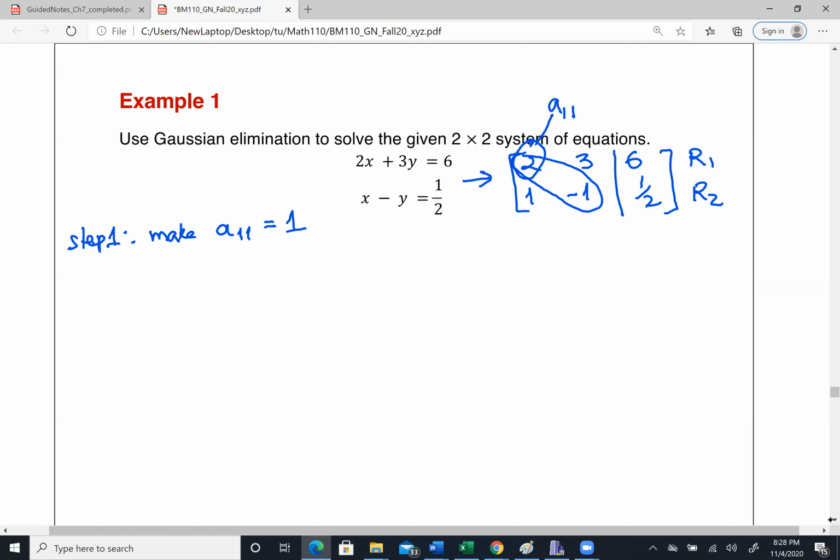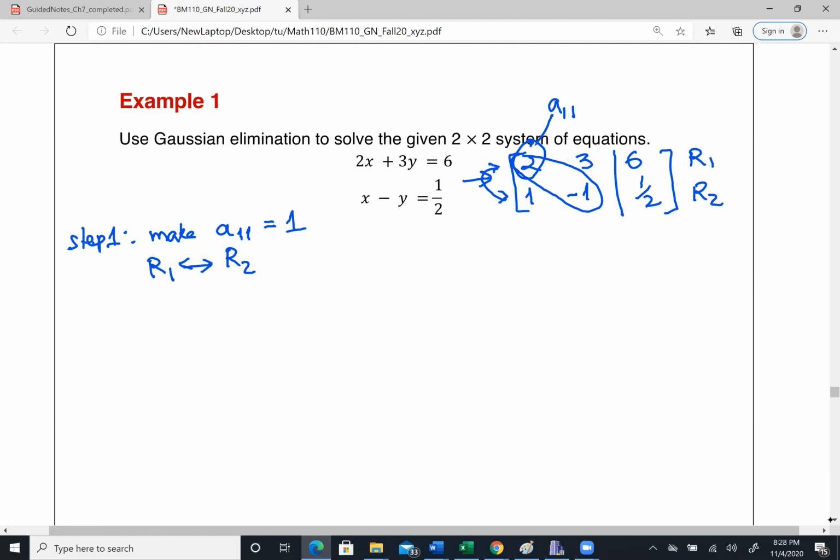You can interchange row 1 and row 2 to make A11 become 1. Okay, so I'm gonna interchange row 1 with row 2.